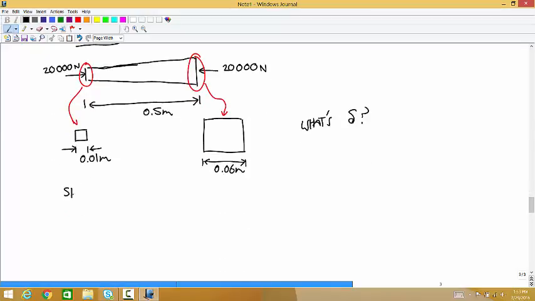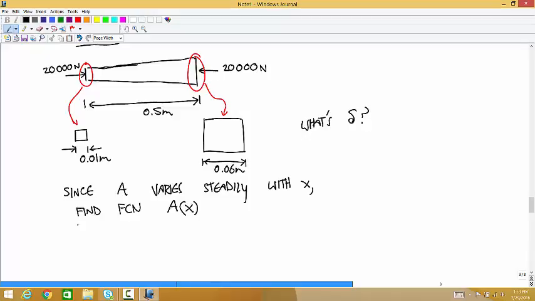So since the area varies steadily with x, we're going to have to find a function A of x and use the integral definition of delta.